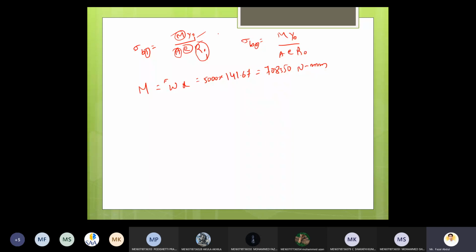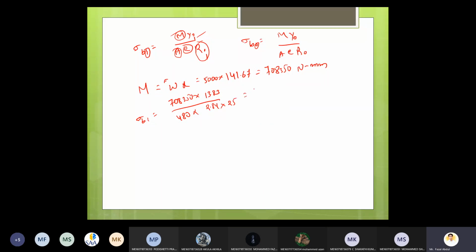Okay, substitute here. I'm substituting the values here. 708350 into yi. How much did I get the yi value? 13.83 by area, how much did I get? 480, into eccentricity, how much? 2.84, and Ri value question itself given 25.